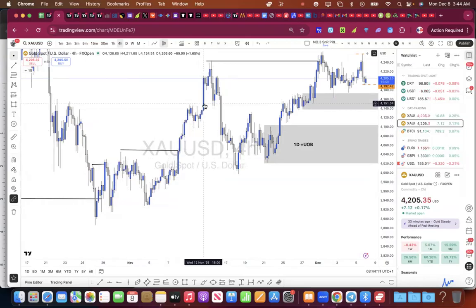This is a break of structure, and then this is a break of structure, and then this is a market structure shift inside here, and then this is the mitigation to the other block, and then this minor market, and then we have this rejection block. And then the market actually reacted very well.